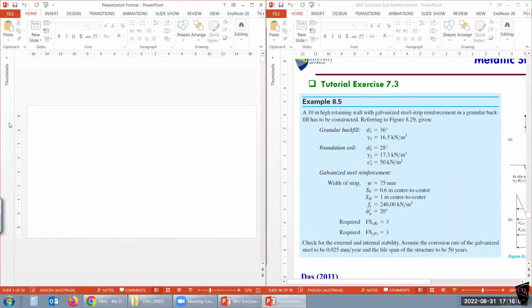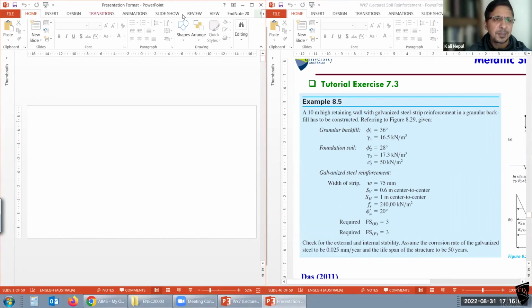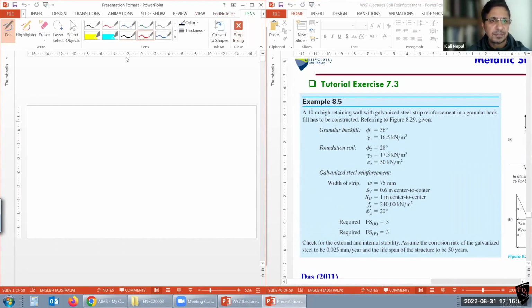All right, okay, look at here. Now let's do example 8.5. Again, I mentioned there will be only 3 types of reinforcement we will be using this week, right? Example 8.5 is the same as tutorial exercise 7.3. So what is that?